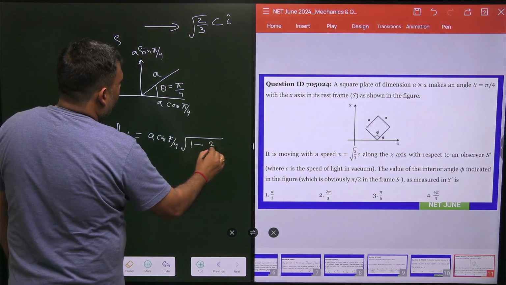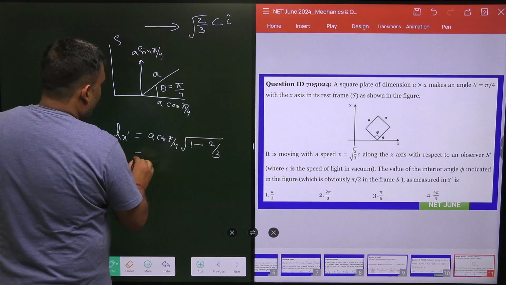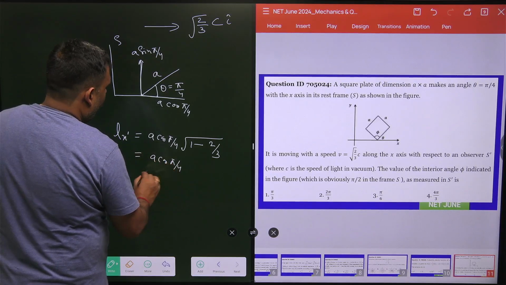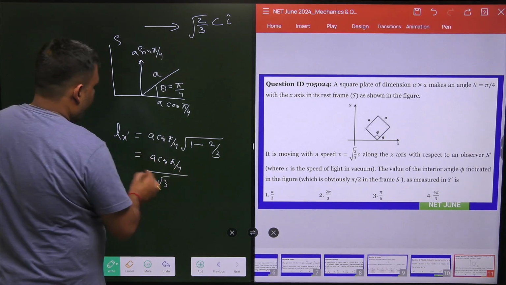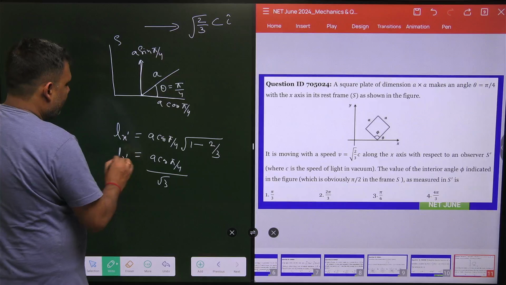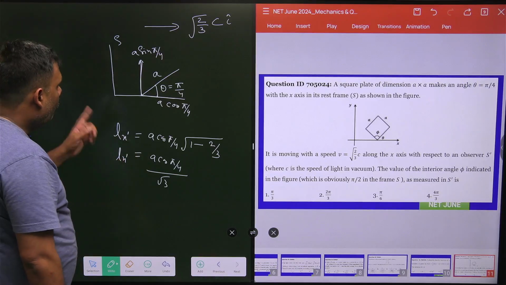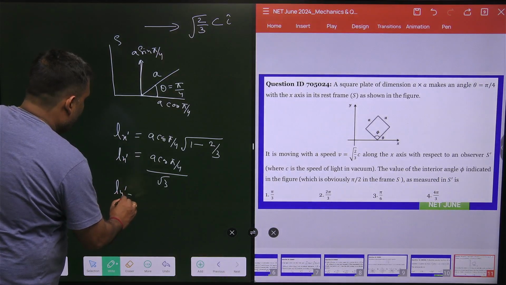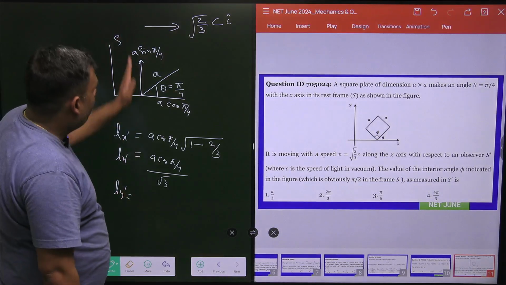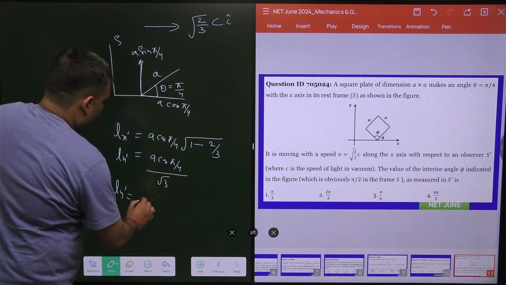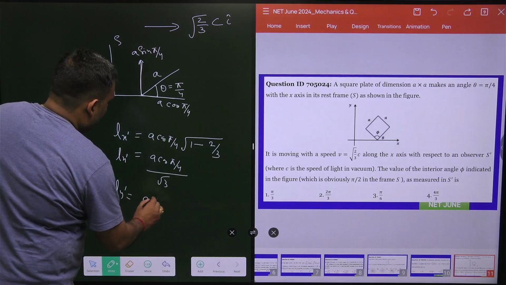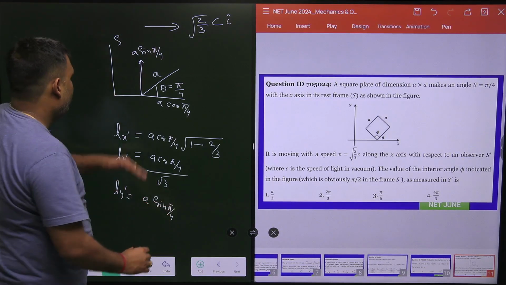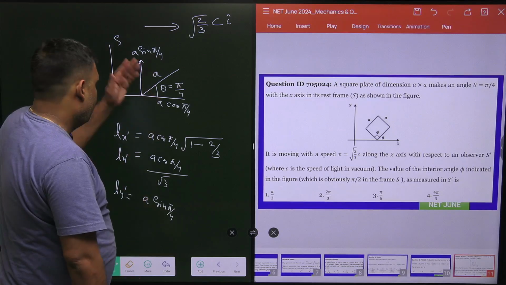So this will be 2 by 3, and this value is equal to A cos pi by 4 by root 3. So this is my Lx dash. Now what will happen to Ly dash? There is not any relative speed in the y direction, so this value is A sin pi by 4. It is not going to change in the y direction.